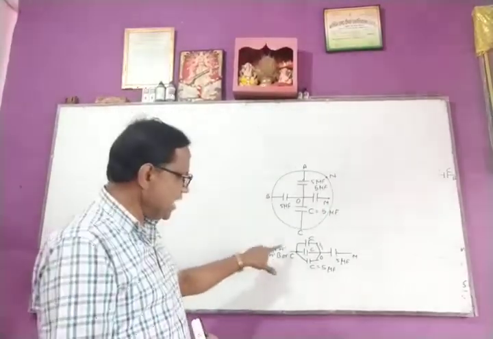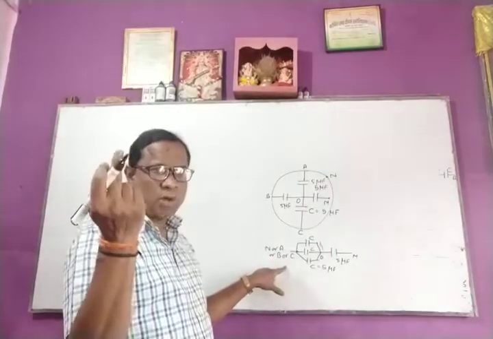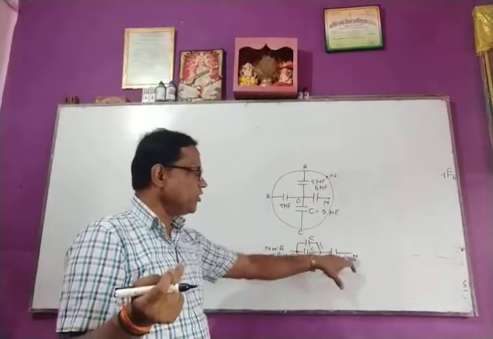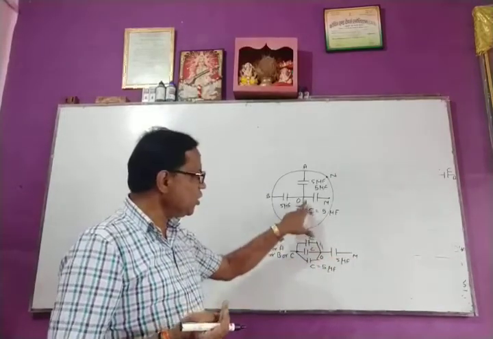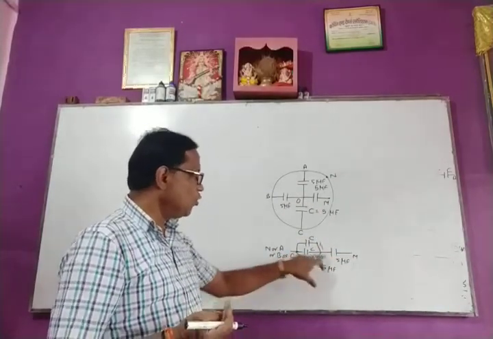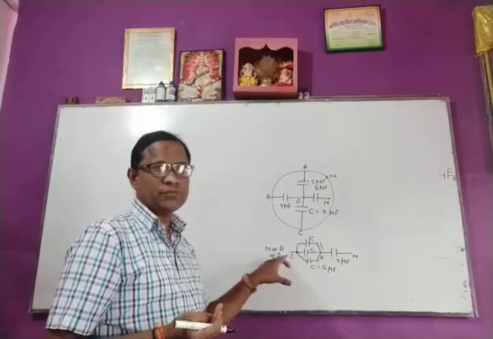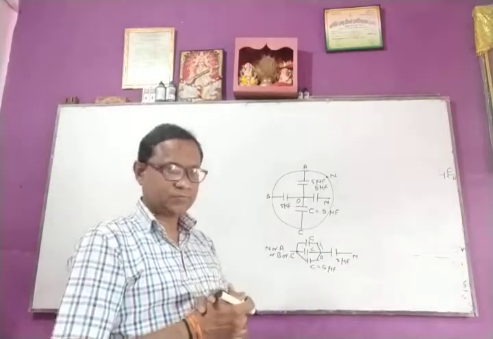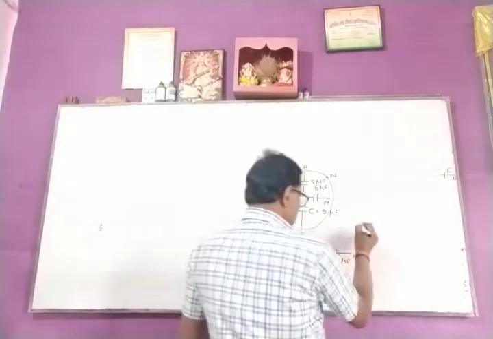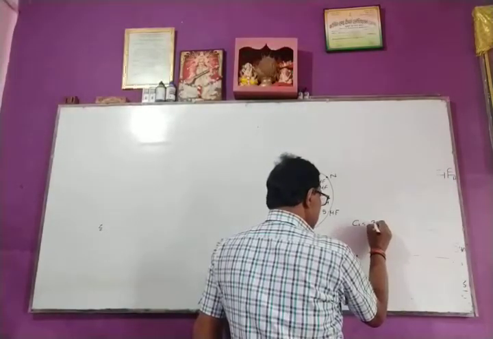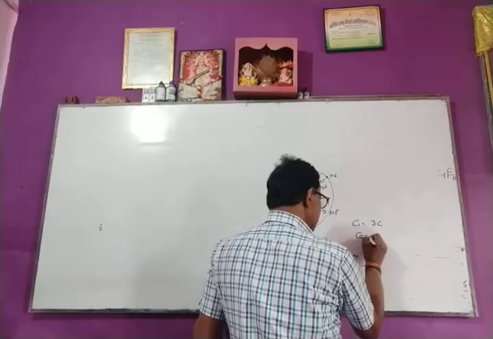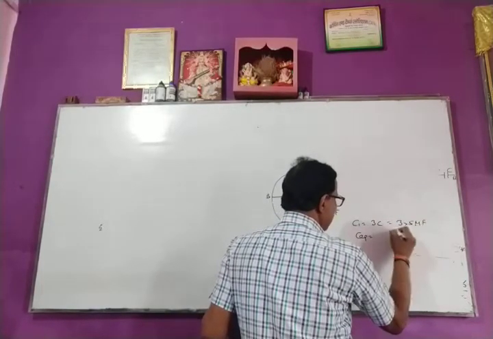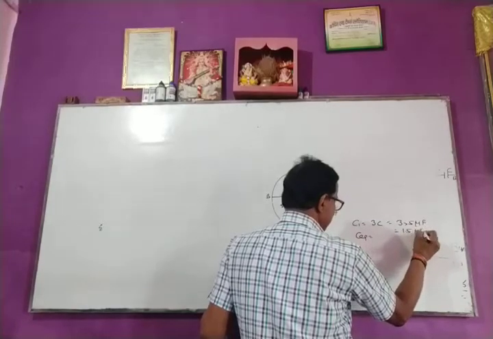So N, A, B or C, it is a common point. So in this figure, M to O, and O to A, O to B, O to C. So all are in parallel connection. So C1 is equal to 3C, or C equivalent is equal to 3 into 5 microfarad, which is 15 microfarad.